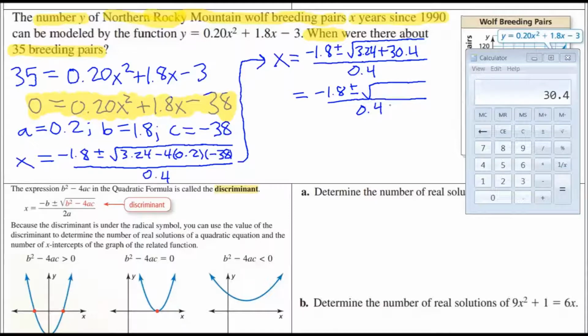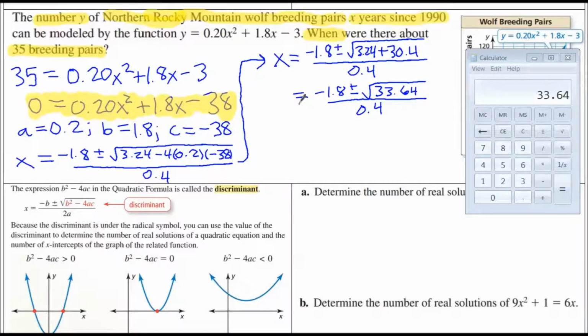Okay, so now I'm going to take that 30 and 4/10 and add 3 and 24/100. I get 33 and 64/100, which to me is not obviously a perfect square or anything.